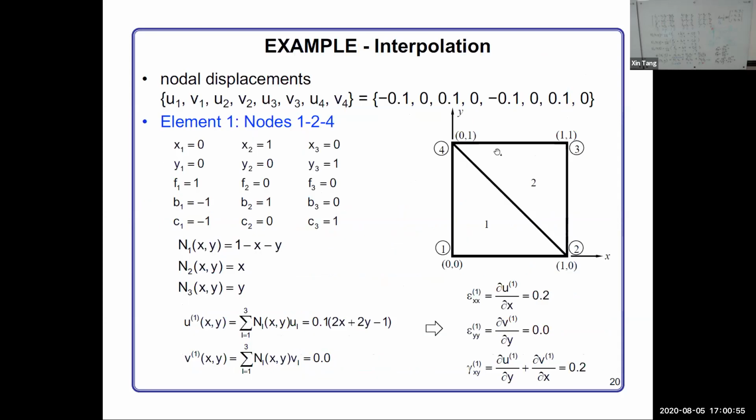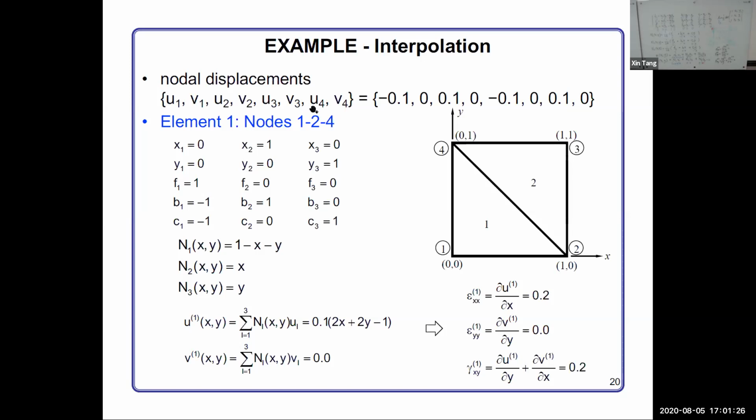Now let's together, based on what we described, look at the CST element calculation: from the coordinates and displacements of the 3 nodes, how we calculate the displacement field, stress field, and strain field of any point in an element.